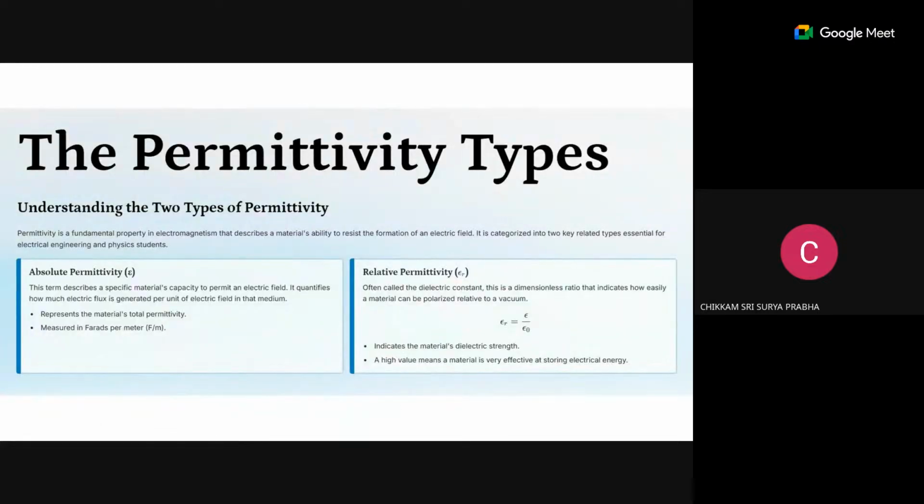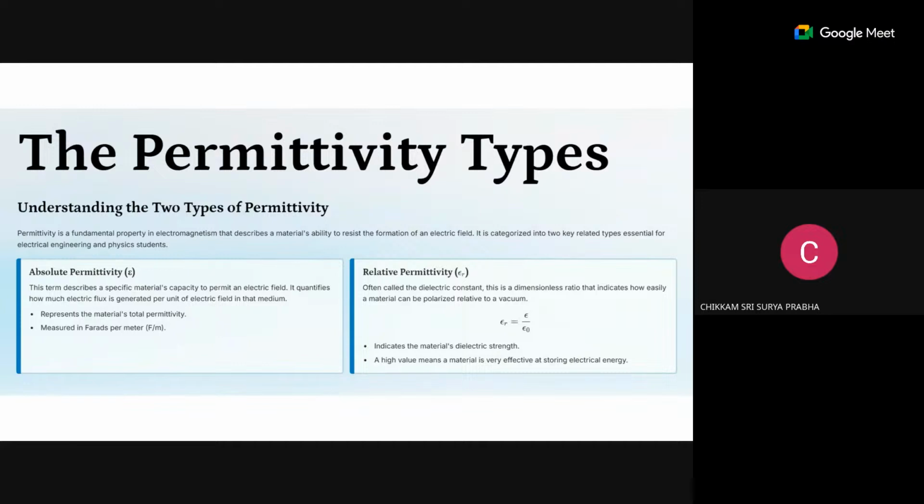Coming to the types of permittivity, basically there are two types: absolute permittivity and relative permittivity. The absolute permittivity is the actual permittivity of a material in vacuum. It is represented by the letter epsilon naught. It has a constant value equal to 8.85 into 10 to the power minus 12 farad per meter.